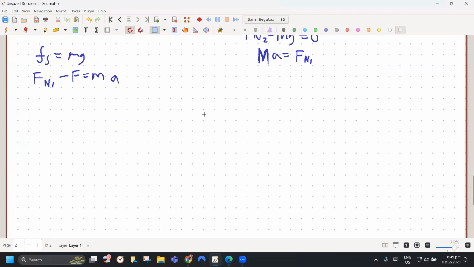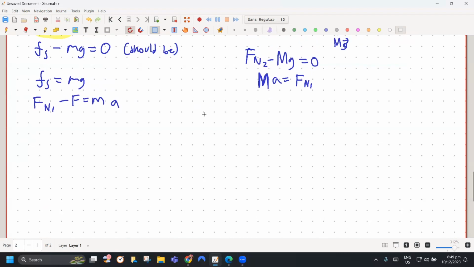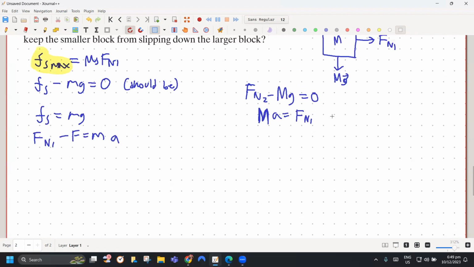Okay. So, ang known, yung F. Known din yung small m. Known din yung big M. So, highlight yung Fn1 at saka A. Fn1 is also unknown.